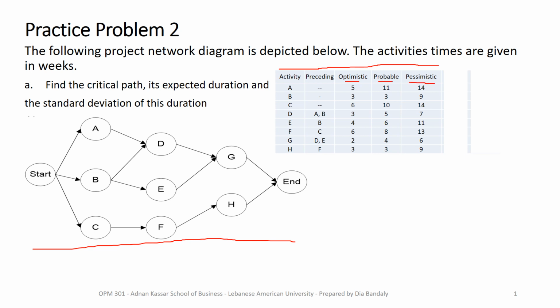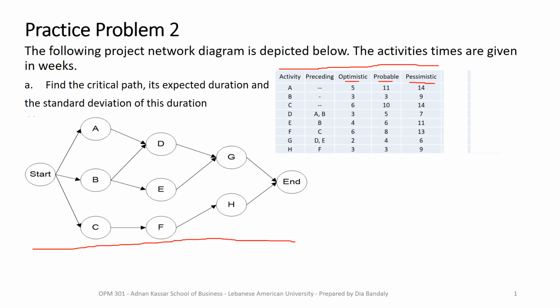As you learned before, pessimistic is the longest time an activity can take, while optimistic is the opposite, the shortest time, and probable is what has happened in the past most of the time. That's why it's called the most probable or simply probable.